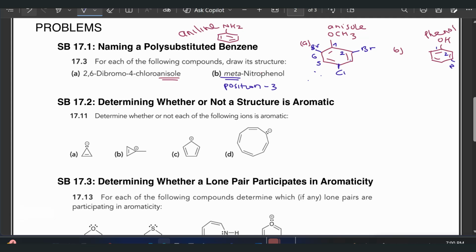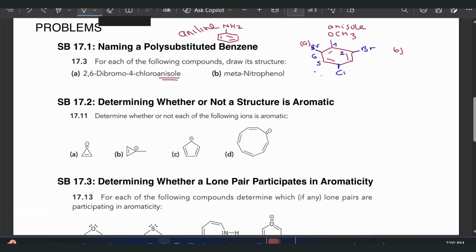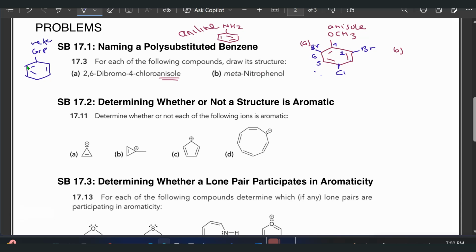You said ortho is position 2. 2, 6 is ortho. 3, 5 is meta. So this is what I do. I draw the ring and I say this is my reference group. So ortho is position 2 or 6.